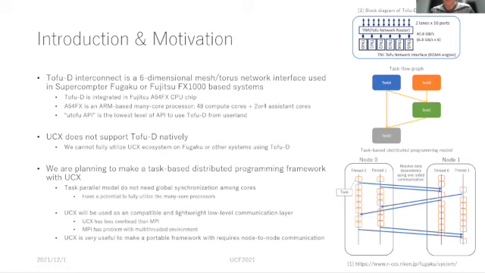Especially on many-core processors, the cost of global synchronization among the cores is expensive. So the benefit of task-based programming is that we can avoid global synchronization, and we could have the potential to fully utilize the many cores if we can write an efficient program with a task-based parallel model. That's why we are focusing on this model.